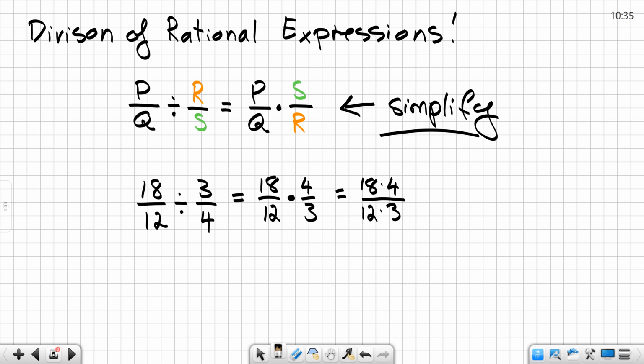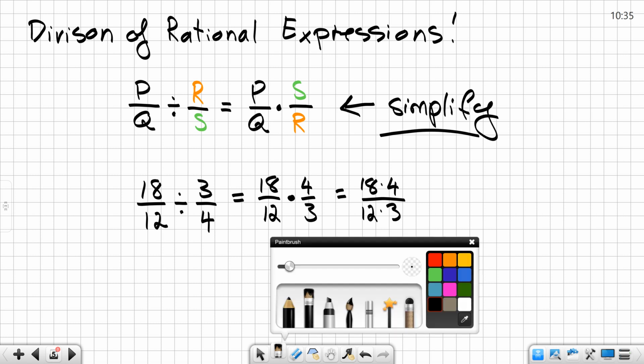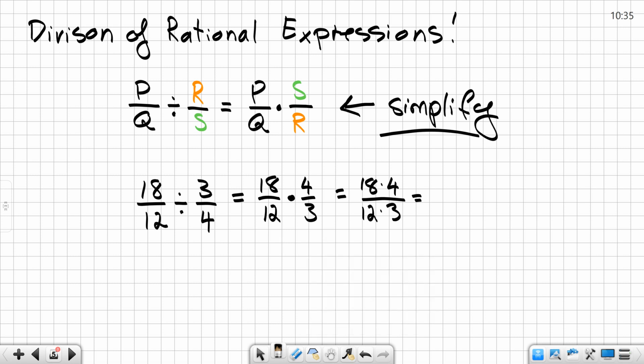And of course you would not multiply 18 and 4. What I would do now, I am breaking this down into as small pieces as I can. 18 is the same thing as 2 times 9, and 9 is the same thing as 2 times 3. 2 times 3 times 3 is the same thing as 18. 4 is the same thing as 2 times 2.